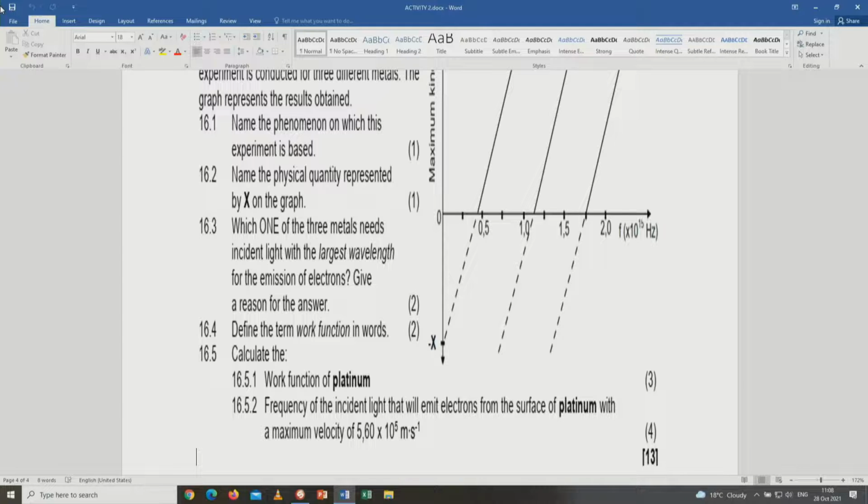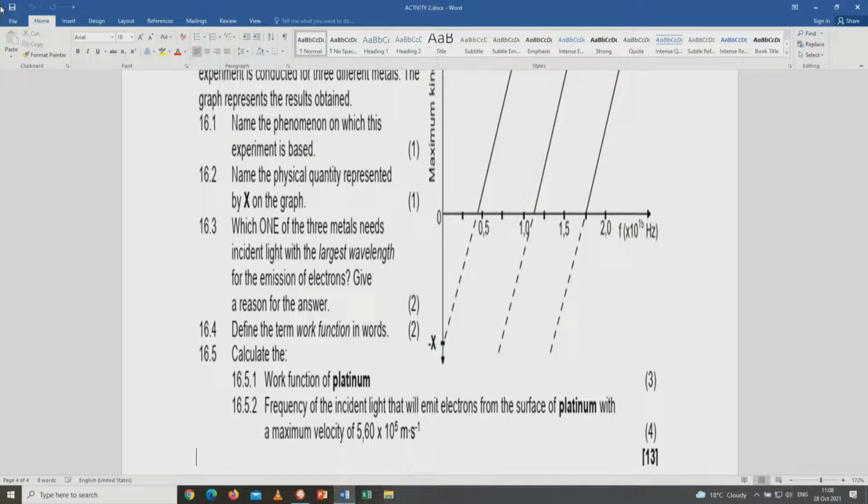So work function will represent X there. That is our work function, where our graph cuts the kinetic energy, the y-axis.